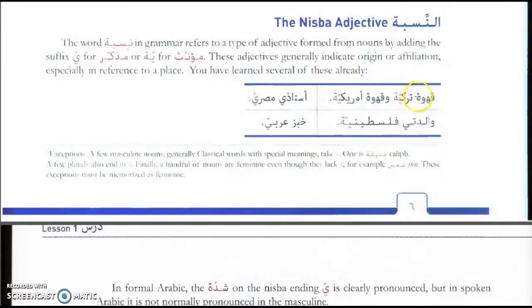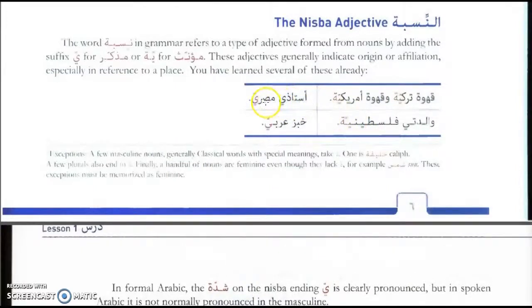So, qahwa Turkiya is Turkish coffee. Qahwa Amrikiya. So the noun is Amrika, America, but we've transformed it into an adjective by adding iya, Amrikiya. And we make it feminine with the iya suffix because qahwa has a ta marbuta. It's feminine.